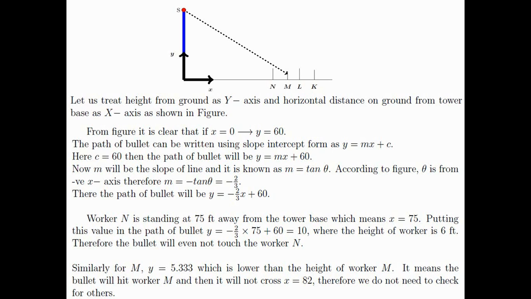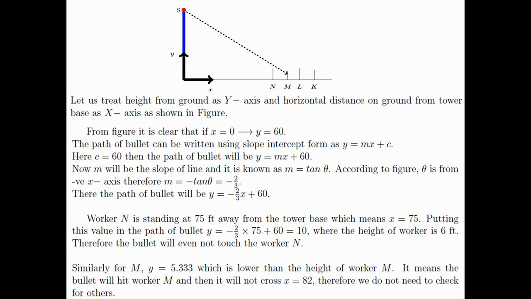So at x equals to 75, y equals to minus 2/3 into 75 plus 60 equals 10, whereas the height of the worker is given to be 6 feet. Therefore, the bullet will not even touch the worker N. But for the next worker M, standing at x equals to 82 feet, y equals to 5.33, which is lower than M's height 5.7 feet.